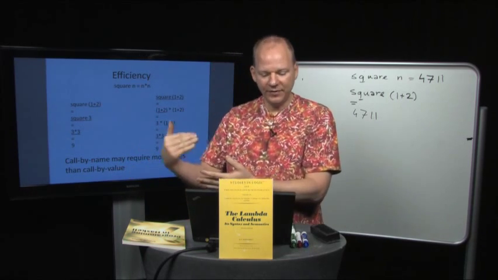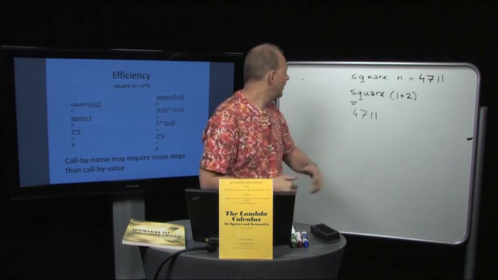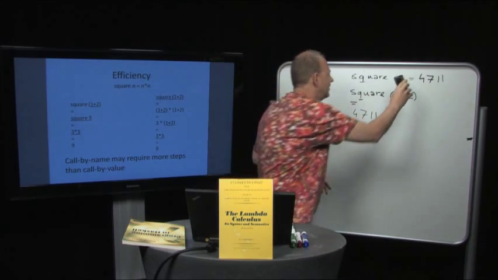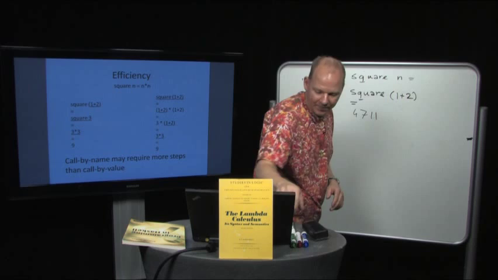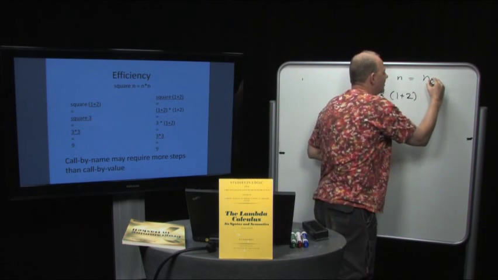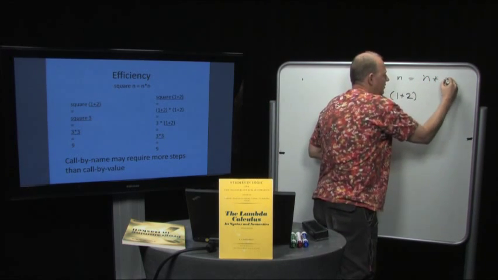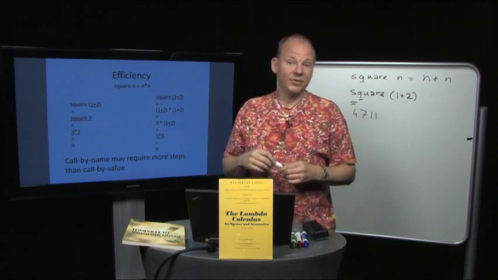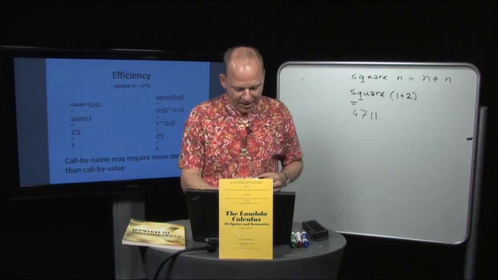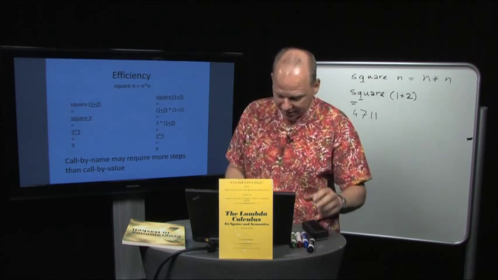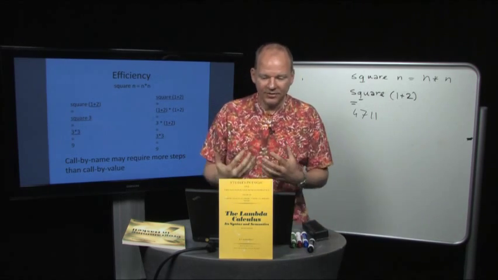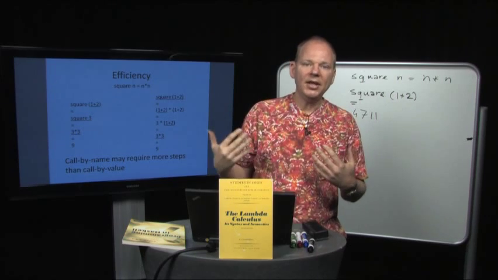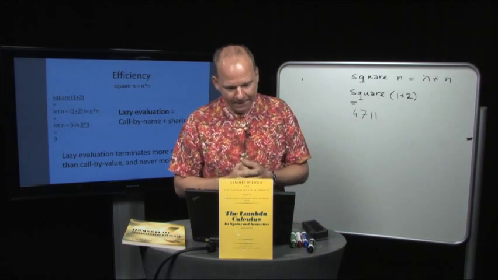But once we've evaluated that n here, I should put my example back. If we could share the evaluation of n, then we get the best of both worlds. And that is what lazy evaluation does. Lazy evaluation is call by name plus sharing.